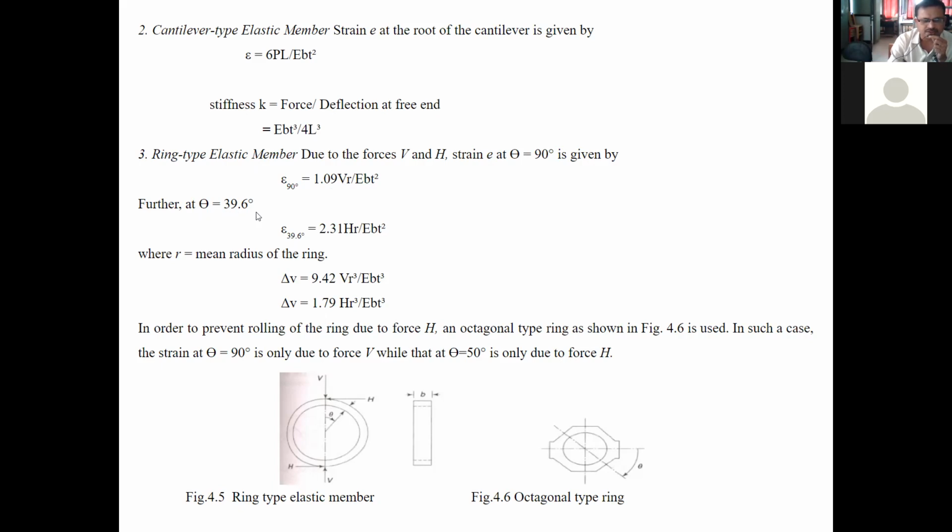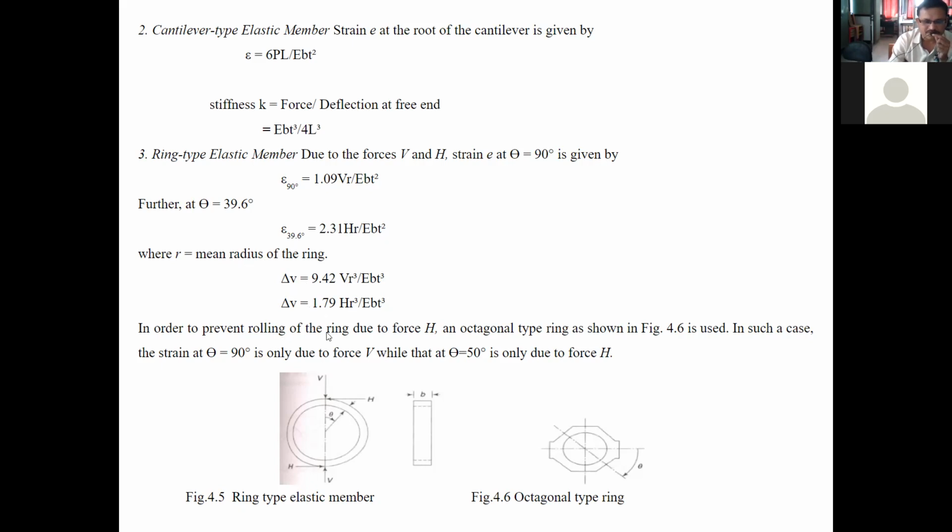Further, at theta is equal to 39.6 degree, epsilon 39.6 degree is equal to 2.31 HR divided by EBT square, where R is the mean radius of the ring. Delta V is equal to 9.42 VR cube divided by EBT cube, and delta H is equal to 1.79 HR cube divided by EBT cube.